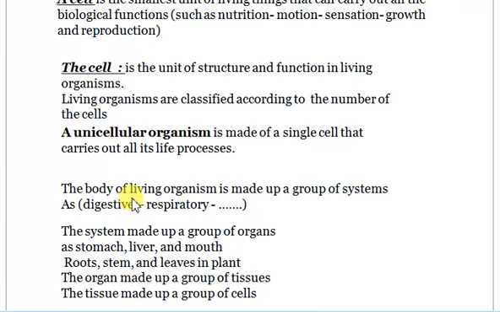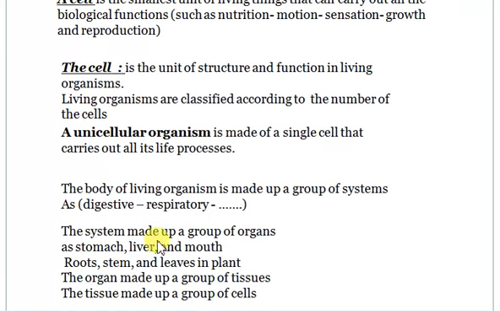The body of living organisms is made up of a group of systems such as the digestive system, respiratory system, circulatory system, reproductive system, urinary system. We are revising the lesson.